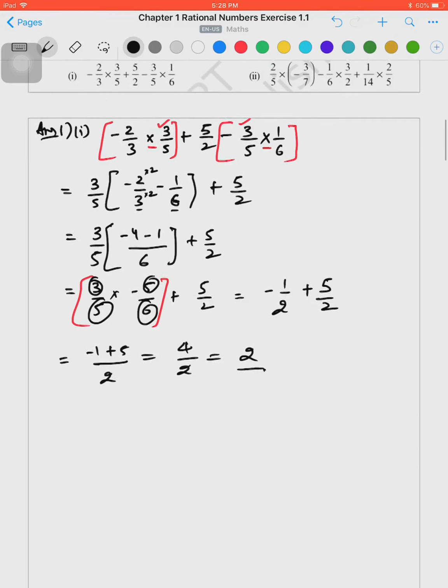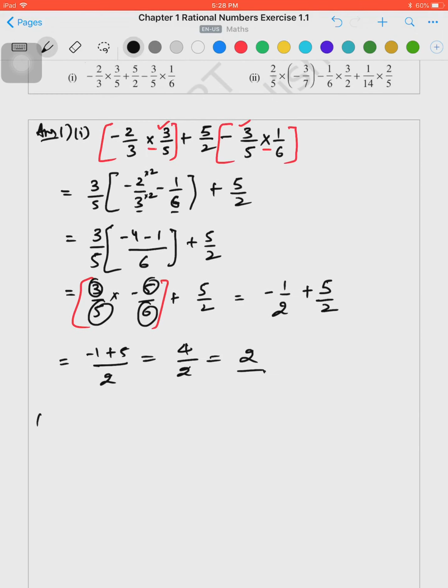The second part is, we have 2 by 3 multiplied by, inside the bracket, 3 by 7 minus 1 by 6 multiplied by 3 by 2 plus 1 by 14 into 2 by 5.